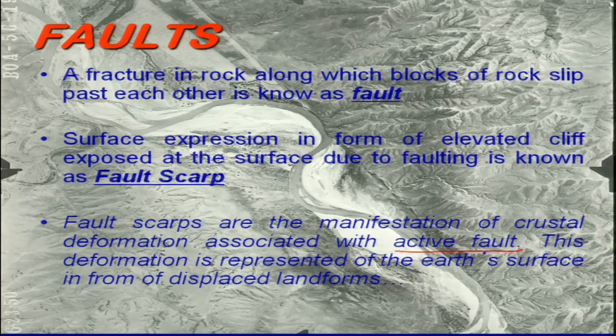Okay, so dormant fault features or the morphology will not be sustained for a longer period because it will undergo erosion. But if you see a very sharp feature on the surface, could be related to the ongoing tectonic deformation. So this deformation is the representation of Earth's surface in form of displaced landforms.